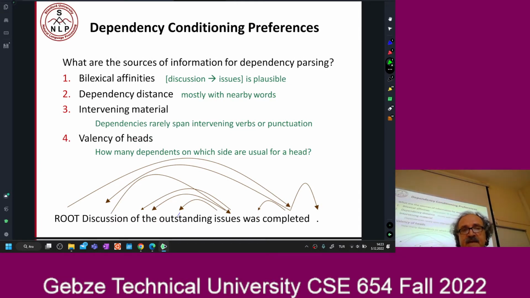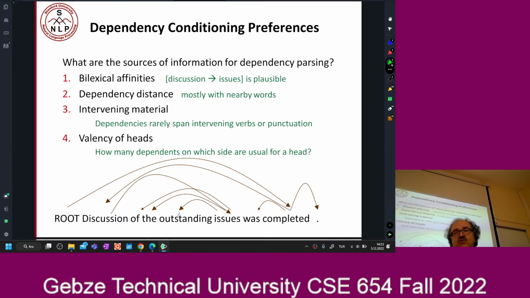Well, if you see discussion and issues at the top of your stack, you will say that issues is the head, discussion is the dependent. You could say that. But what did we say before? These are not definite rules.